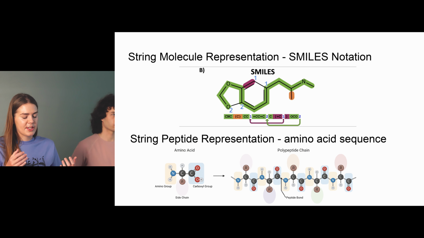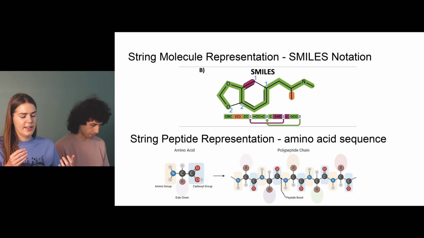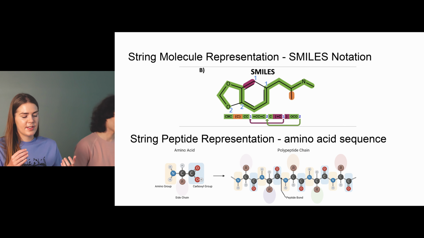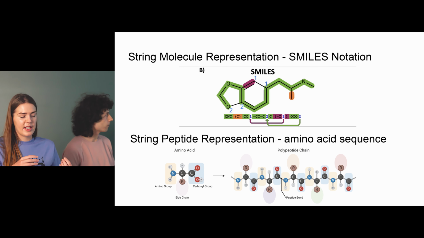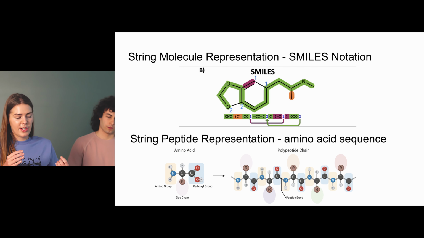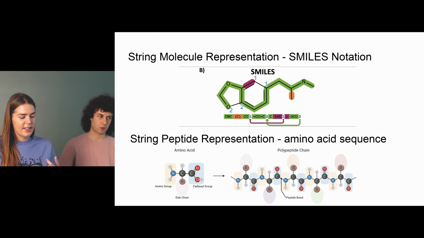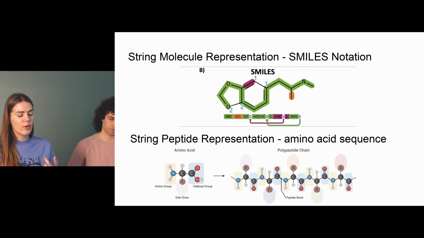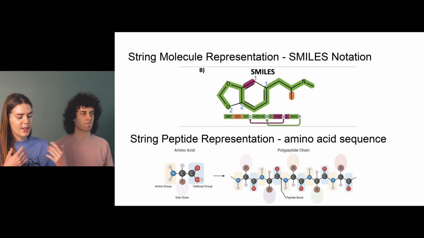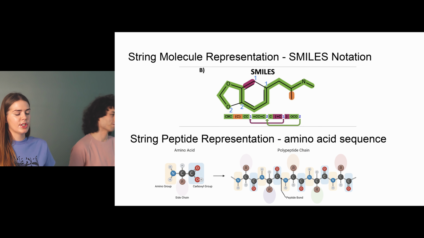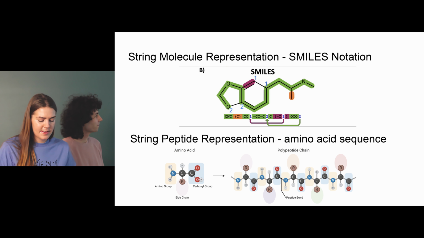SMILES can be easily represented using the alphabet that consists of letters as well as some additional characters like equals. And peptides can be also represented by the alphabet, which helps us and allows us to use some natural language techniques.